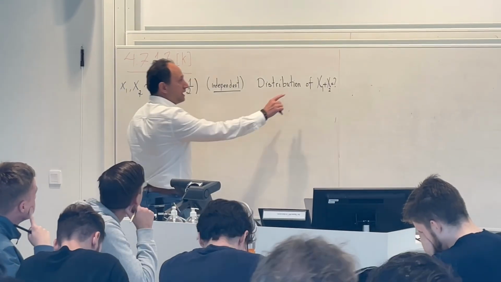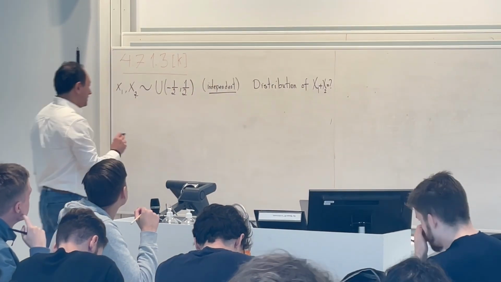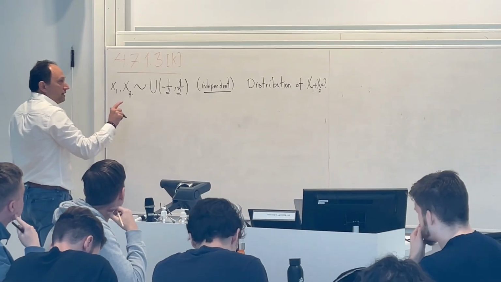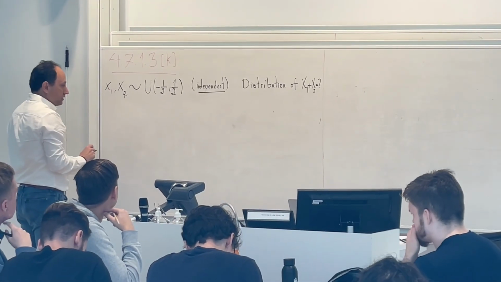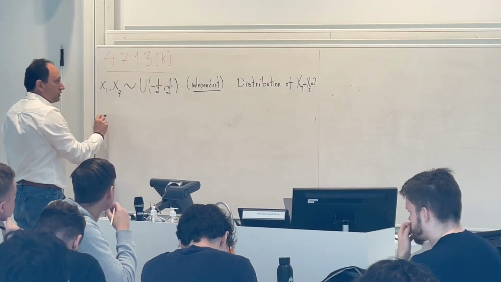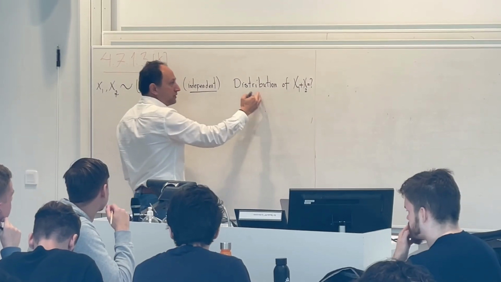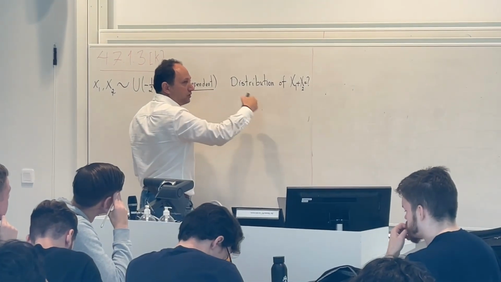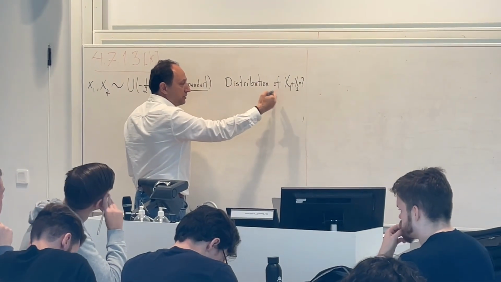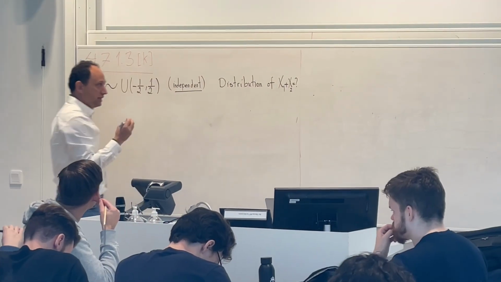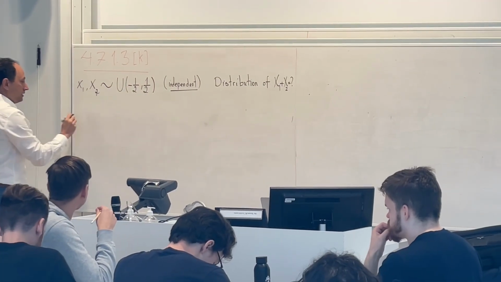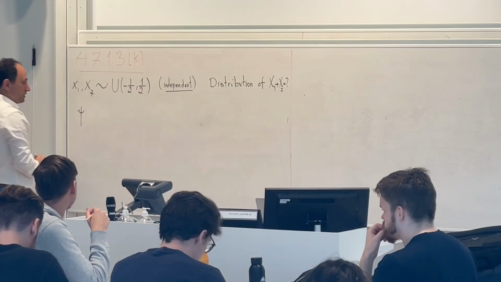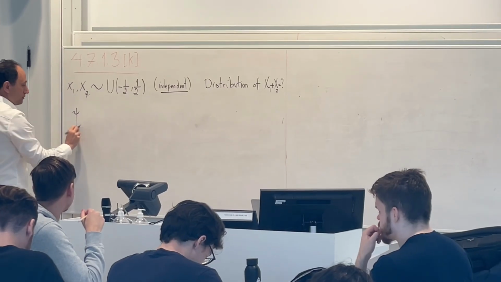So I need to solve this using moment generating functions. Whenever they ask you about the distribution of any random variable, the idea is to calculate psi of that random variable.